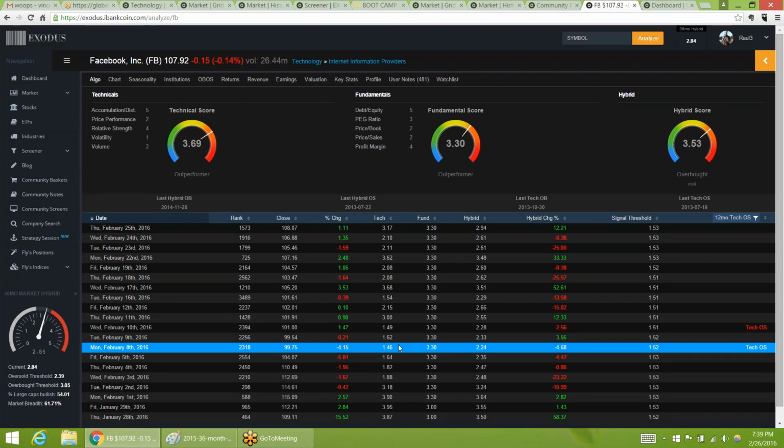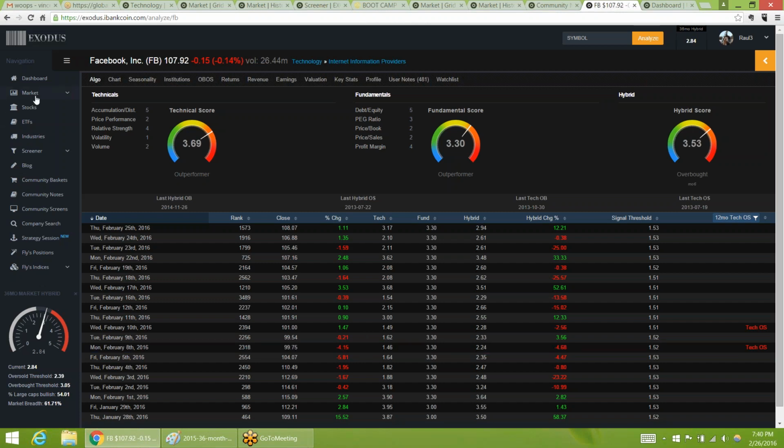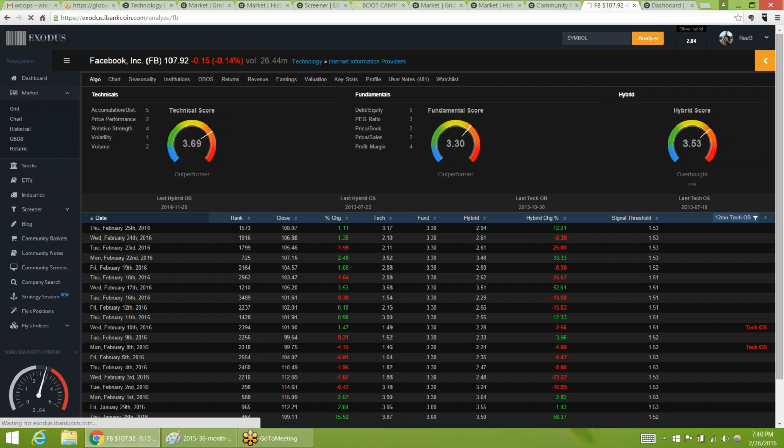Either way, what I want you guys to do is know all the different ideas or methods you can use to go about finding these actionable trading ideas and being objective about it. So you could go off just these oversold signals. You could go into the grid and start looking for those common threads of what's working, what's not working.